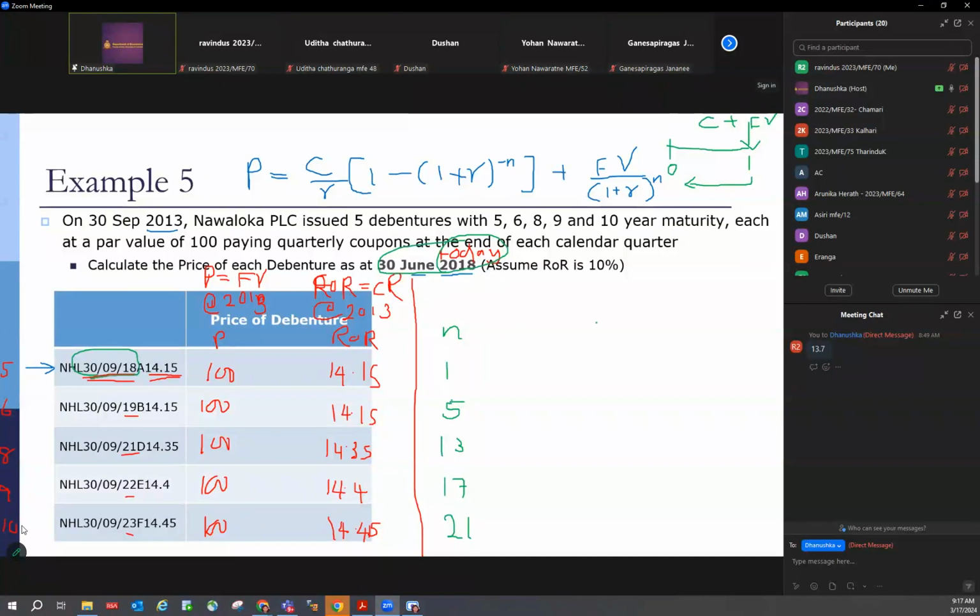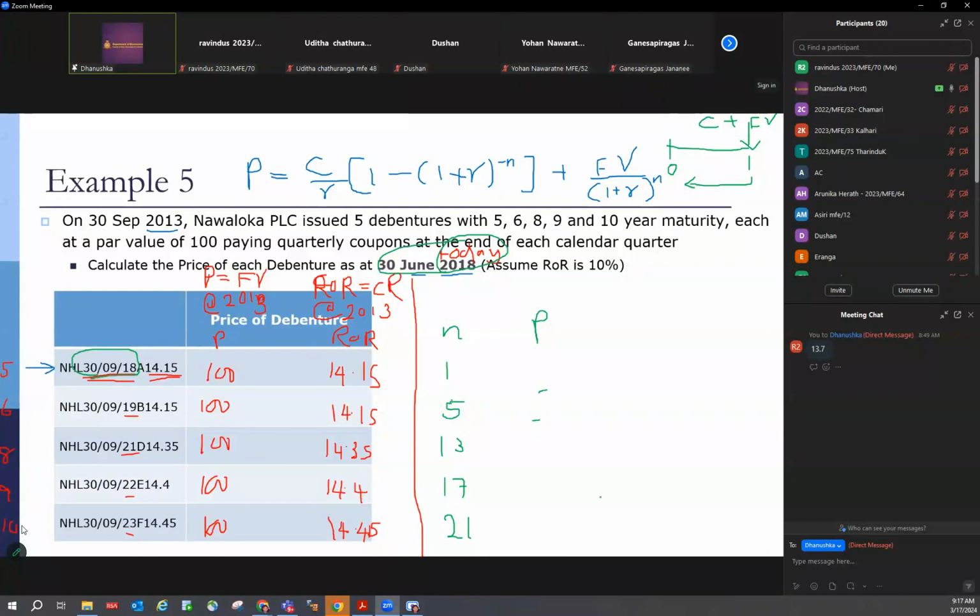Now, using this, calculate the price for 1 and 2, right?